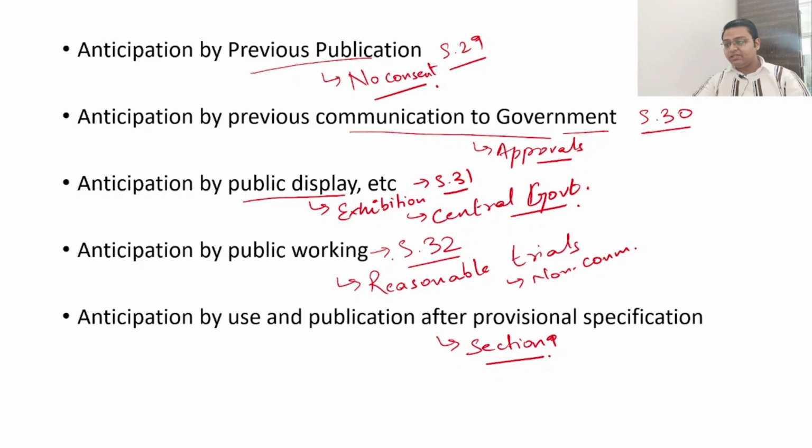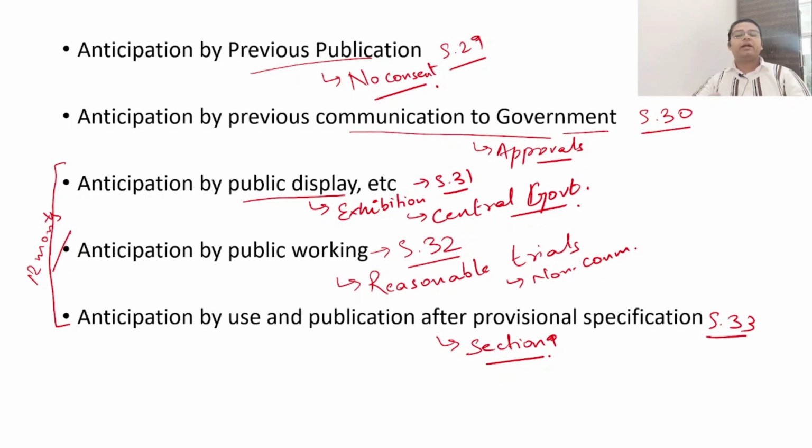In the last three cases, 31 to 33, you just have to maintain a period of 12 months. In these cases, the final application should be made within a period of 12 months.